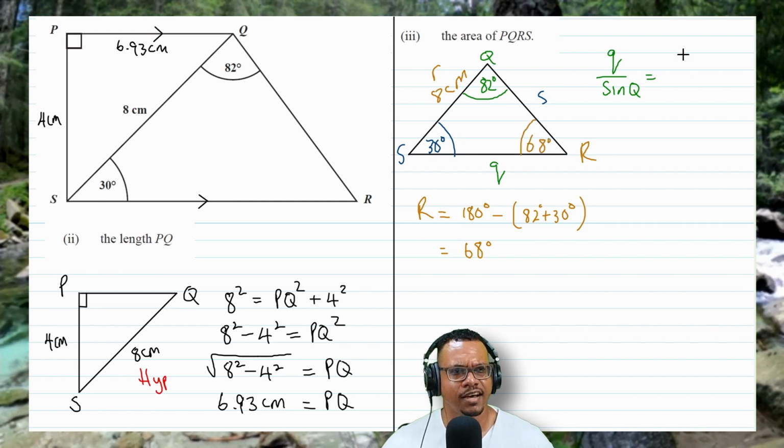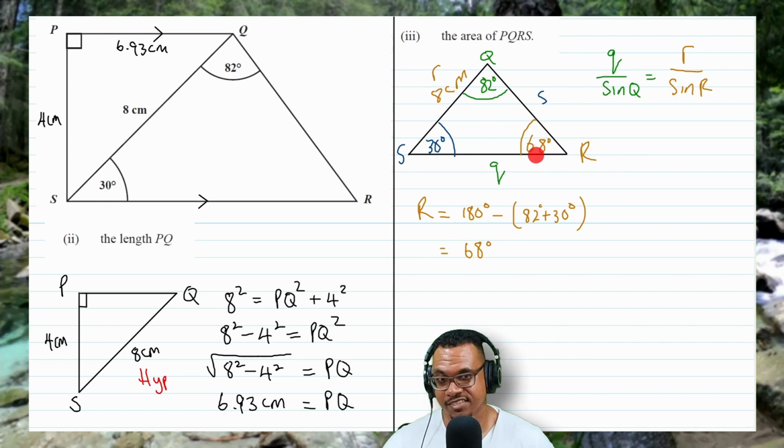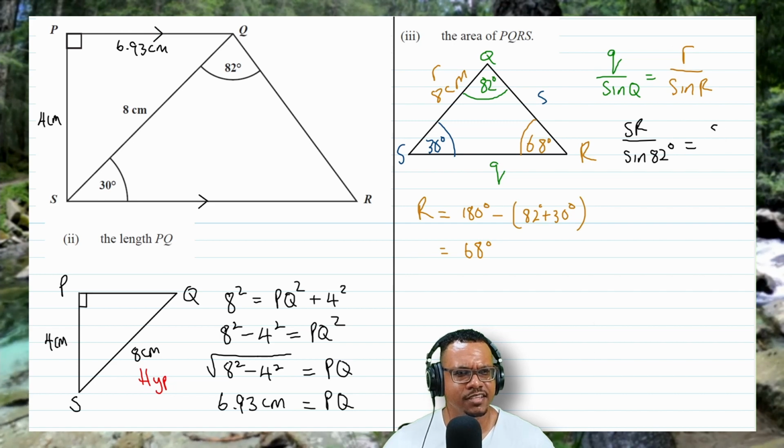So now I could say r over sine capital R because I know lowercase r and I know what capital R is. Lowercase r is 8, capital R is 68 now. Okay, so time to put in the values. For q, I'll put that as SR. For sine capital Q is 82. And that's equal to lowercase r, which is 8, over sine capital R, which is 68.